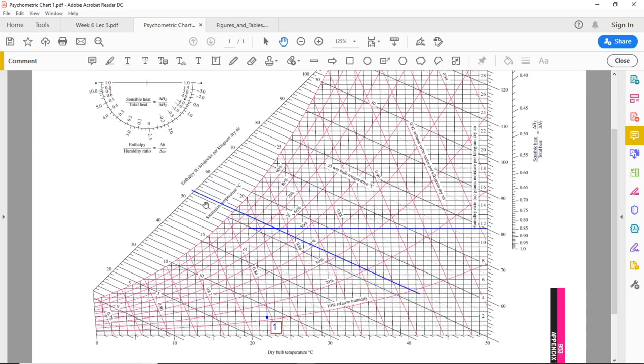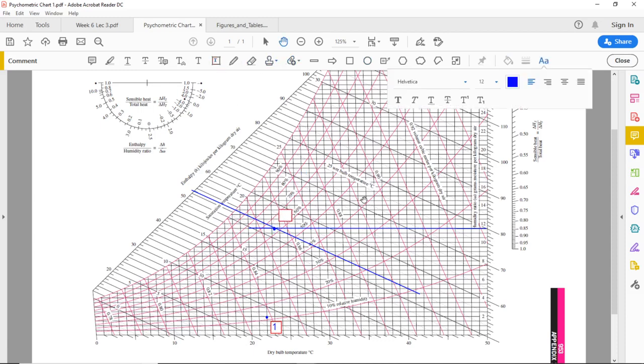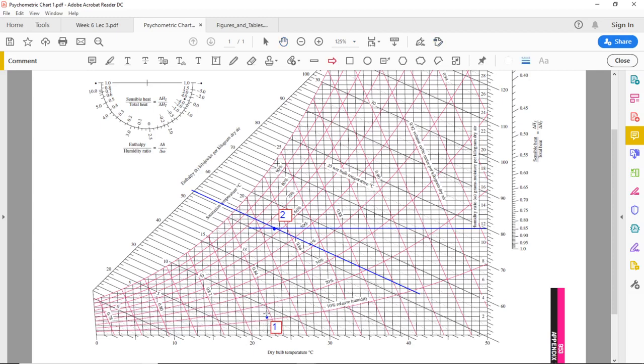And the intersection of this line with the humidity ratio line of 11.5 grams per kilogram dry air gives you the state point at the end of the process, and that is point number 2. And what we can now show is the process from 1 to 2.